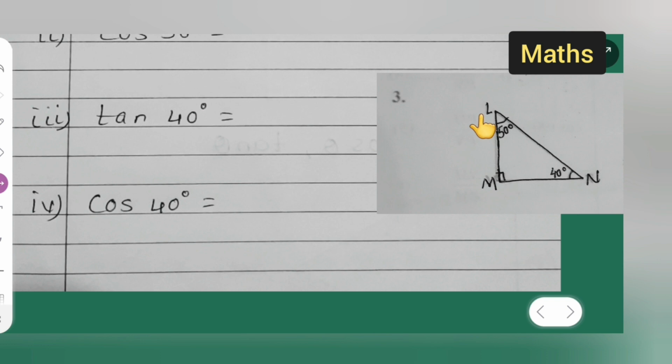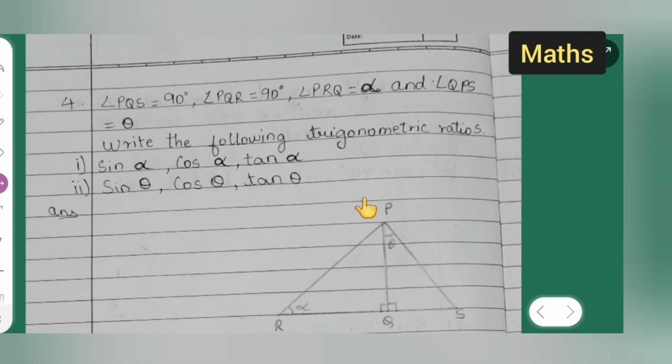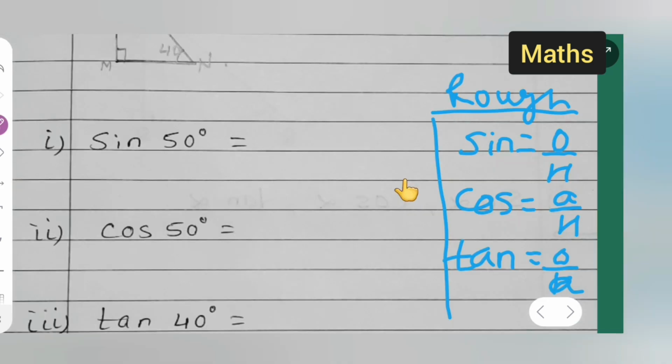The opposite of L will be MN. So you can write down MN upon hypotenuse, so MN upon LN. Sine 50 degrees is nothing but MN upon LN.